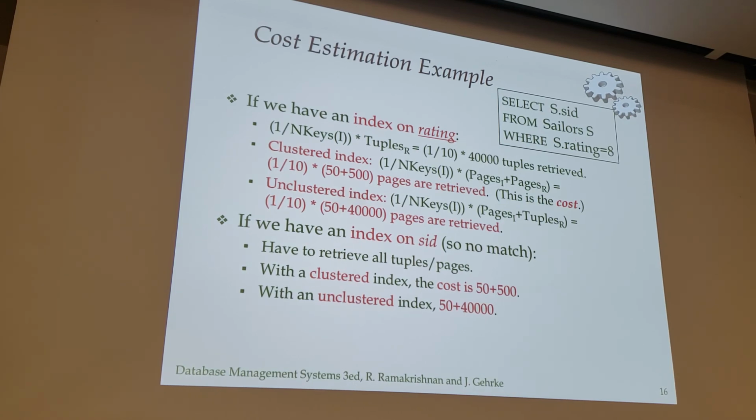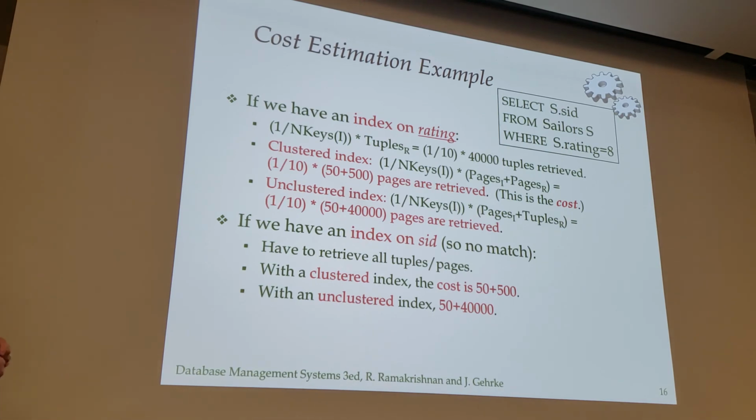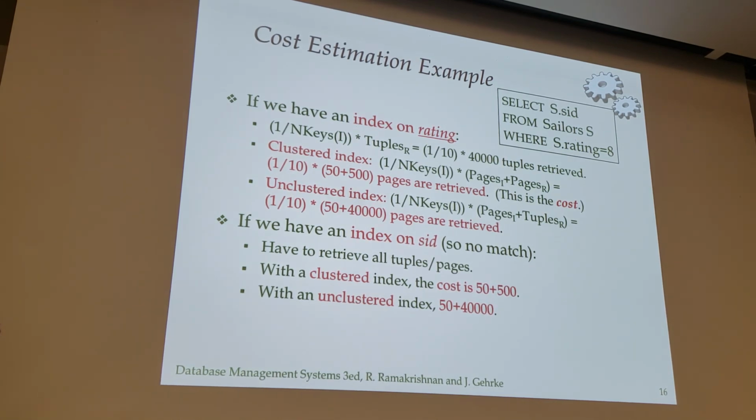And so the cost of using the index is going to be basically 50 plus 500: 50 for the index pages and 500 for the data pages. Okay. And if I use an unclustered index, it's going to be 50 plus 40,000. Again, same thing over there where there is no reduction factor involved.